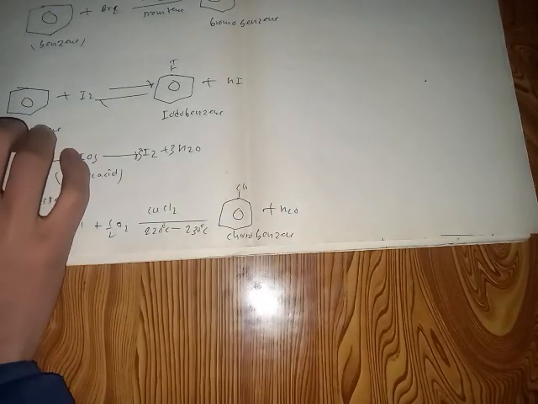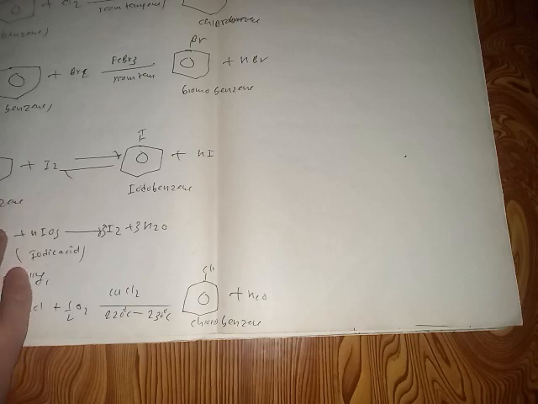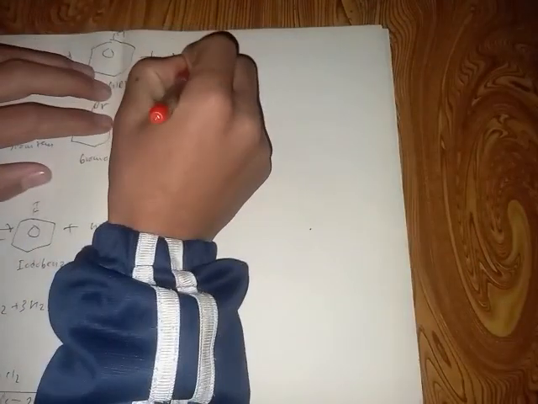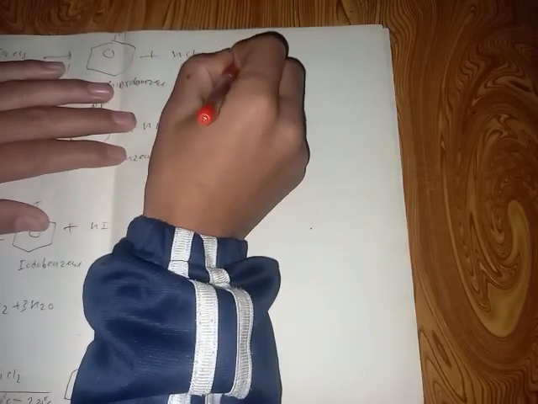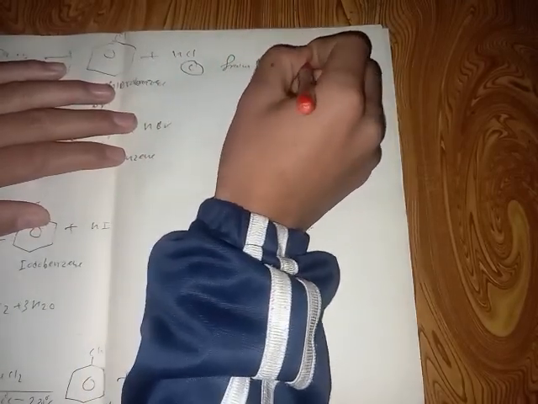Then another preparation method of haloarenes, point number C, is from the benzene diazonium salt. It is most important.